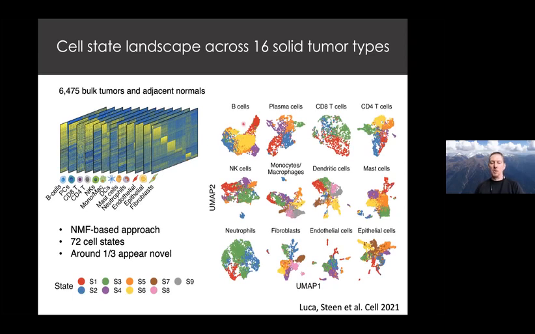But just to give you an idea of how that looks in terms of the number of different cell states that we find for different cell types, these UMAP plots on the right here are showing all of the TCGA samples. Each of the points in each of these UMAPs is a sample from TCGA. It's showing you for each of those samples what the prevalent transcriptional state of the different cell types is within that sample.